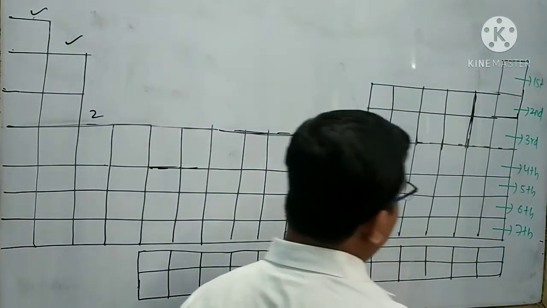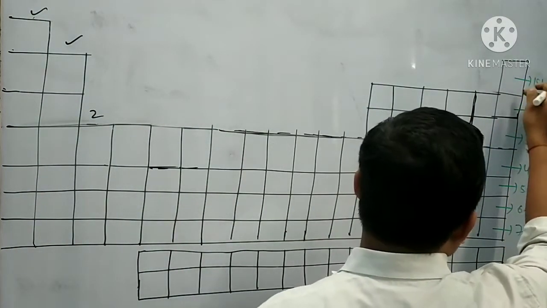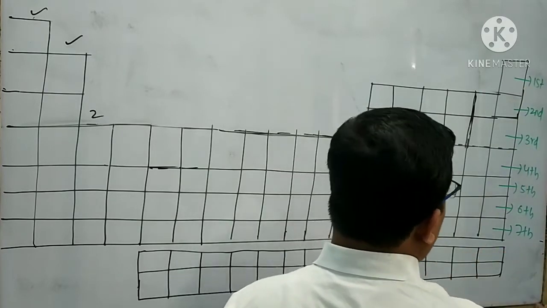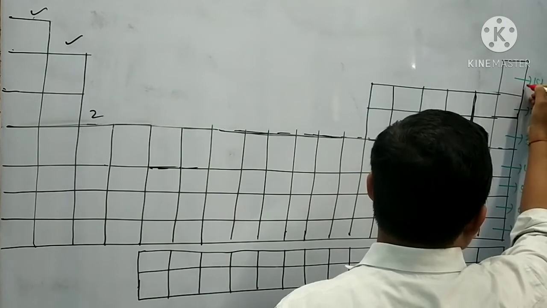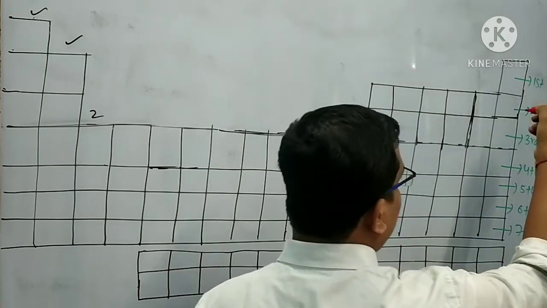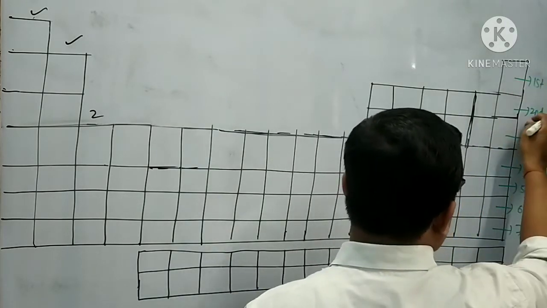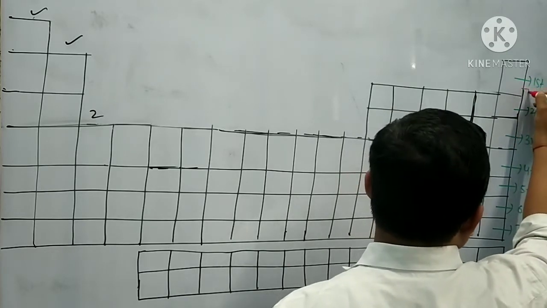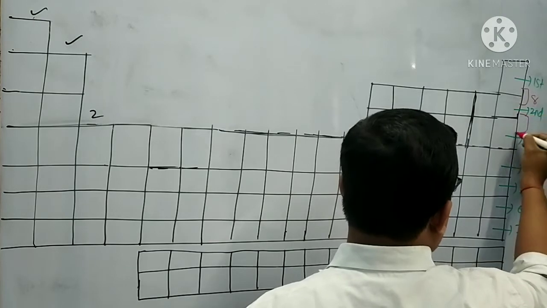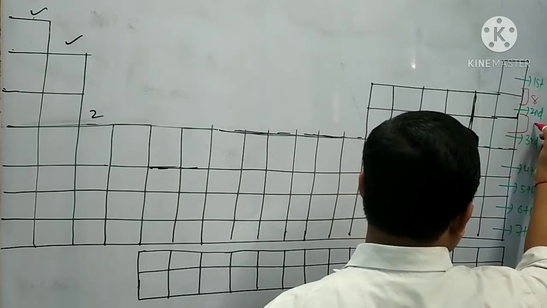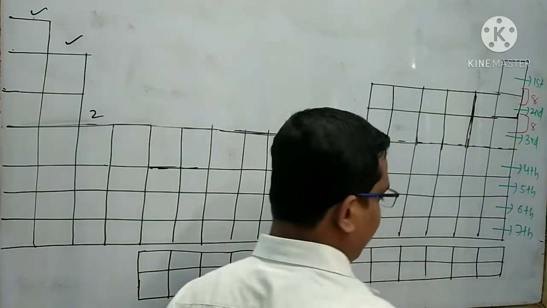Just add 8 to the atomic number of the element which is present in the first period. That means when we want to go from the first period to the second period, it is necessary to add 8. From the second to the third period, again add 8.